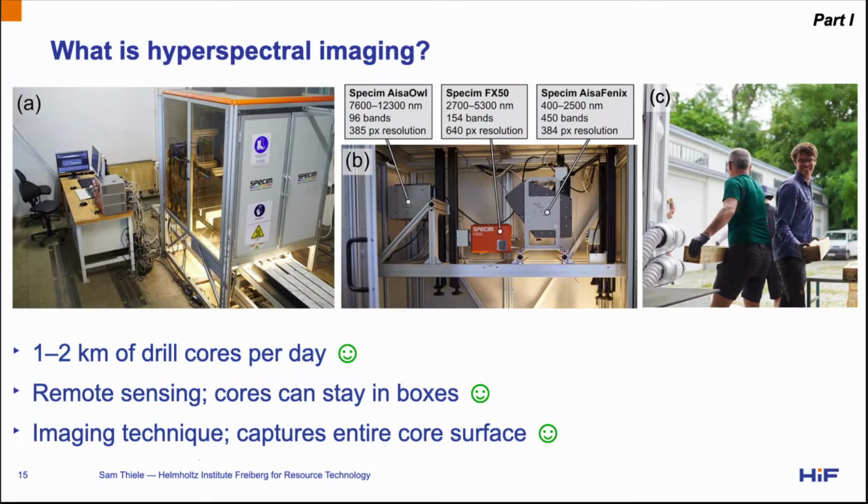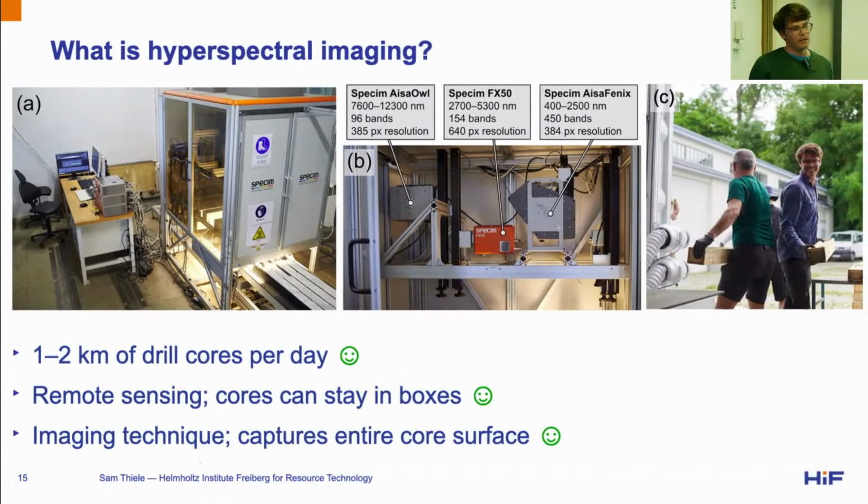But the really nice thing and a big difference to other types of scanning devices is that you can scan quite a lot of core with these instruments. So if you have a good team, you can get through 1 to 2 kilometers in a reasonably civilized workday. If you work 24-hour shifts, I'm sure you could get a lot more than that. The core stays in its box. You don't need to take it out.